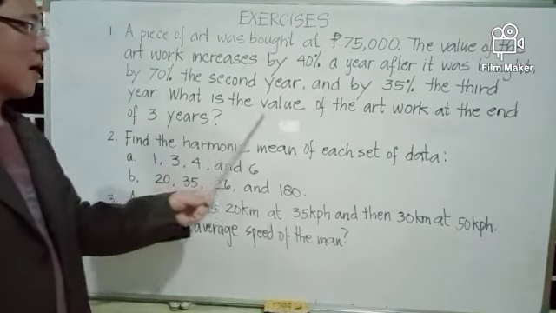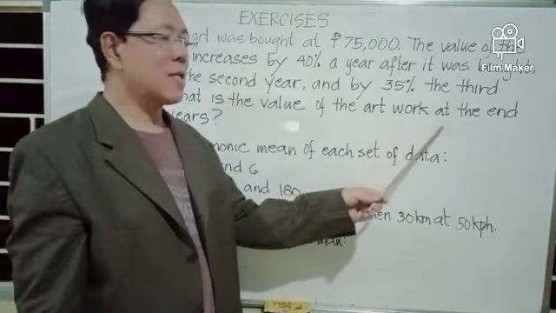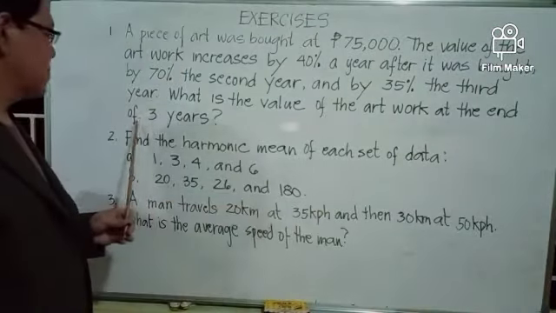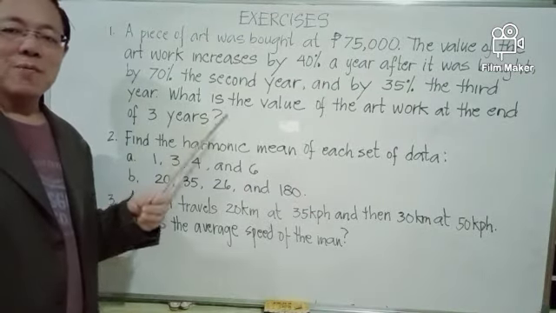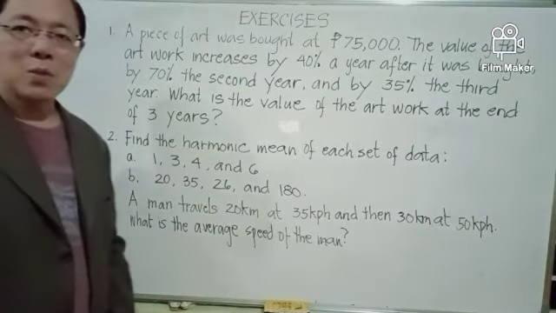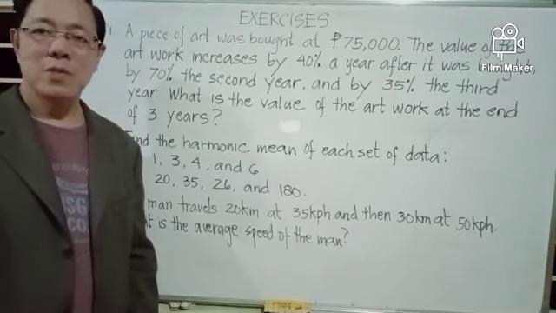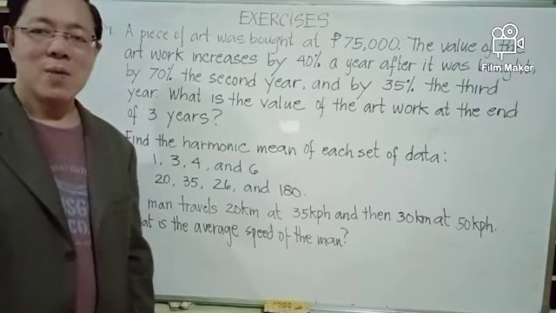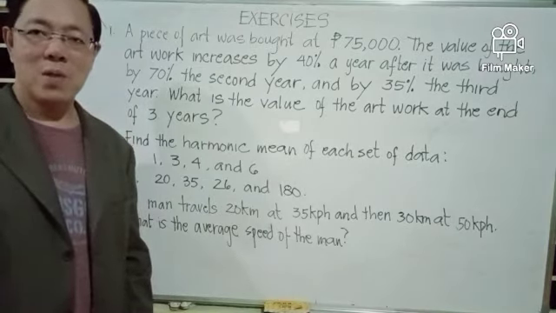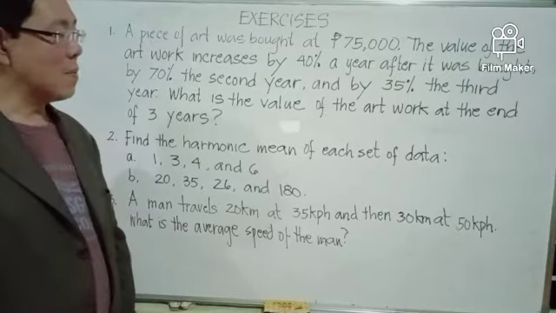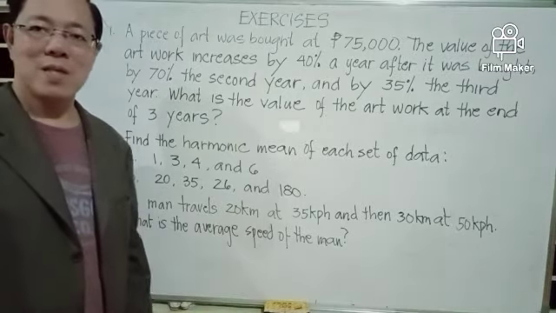What is the value of the artwork at the end of 3 years? For this problem, number 1, you will use geometric mean. And we had an example for solving problems similar to this using geometric mean.